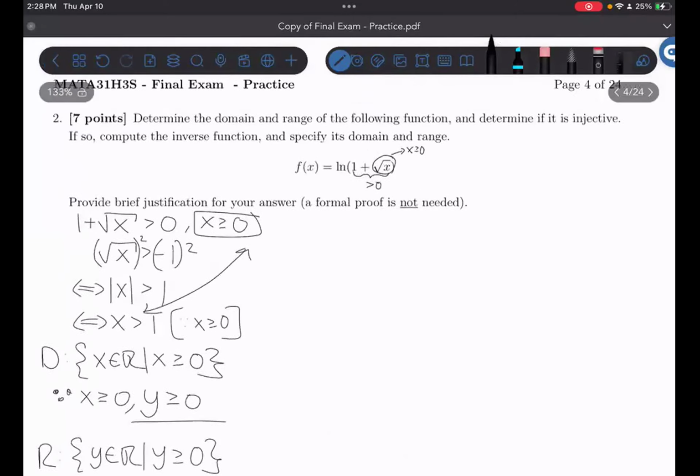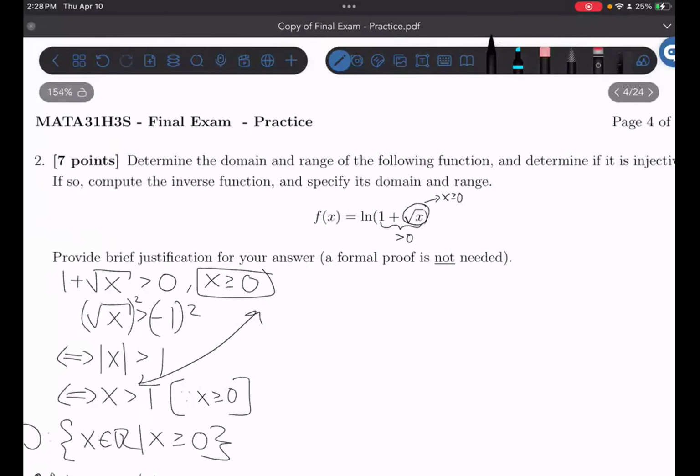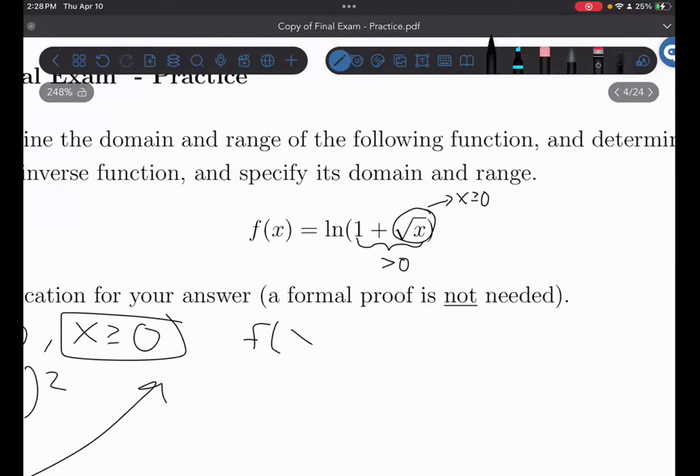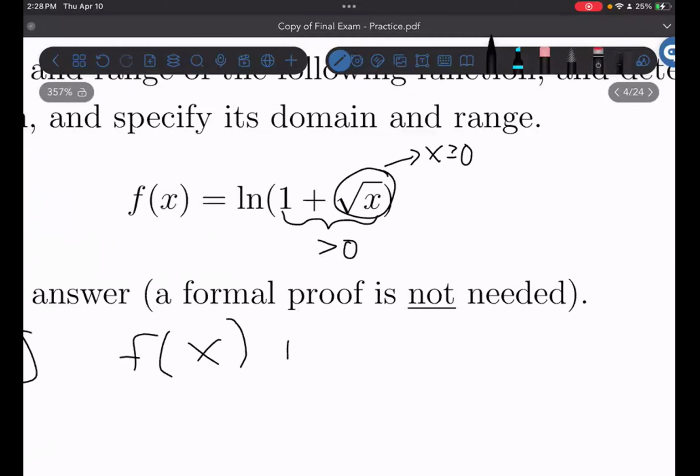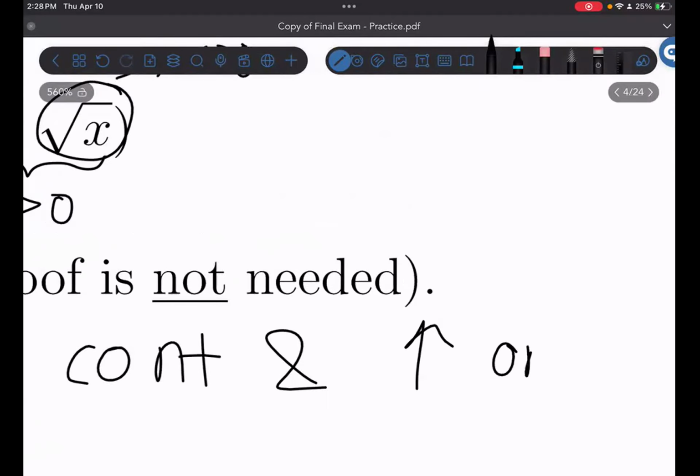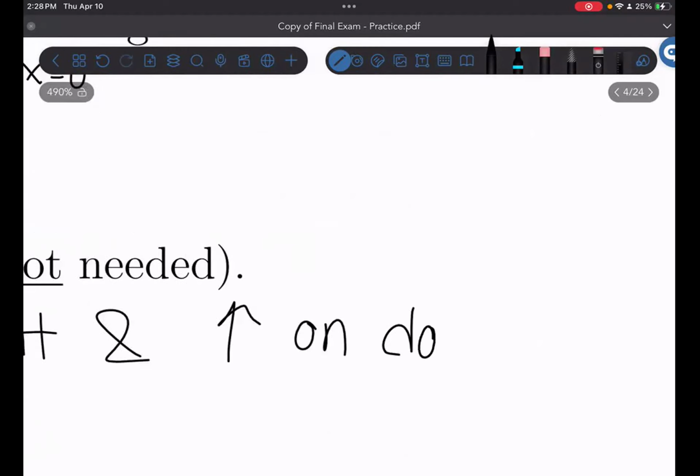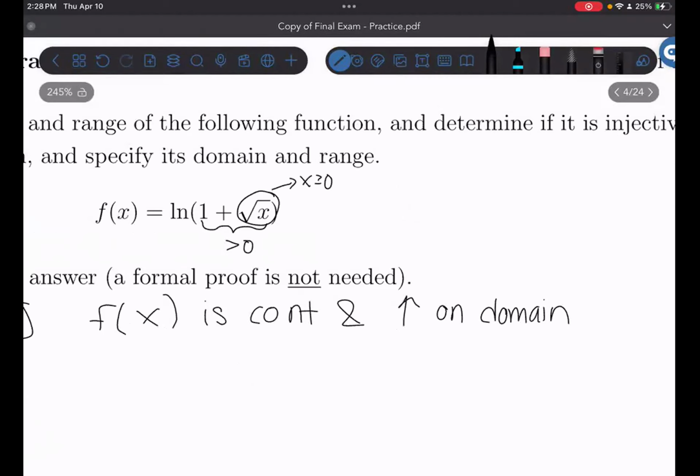Okay. I think we should also take note that f of x is continuous and is increasing on its domain, right? Since it is a natural log function. And we know that considering the graphs of natural log functions, they're always increasing.